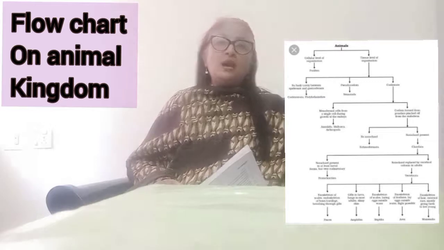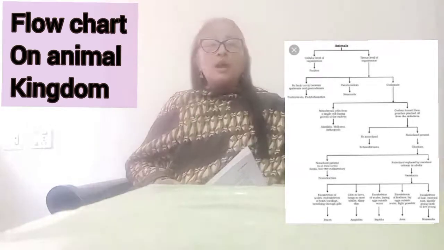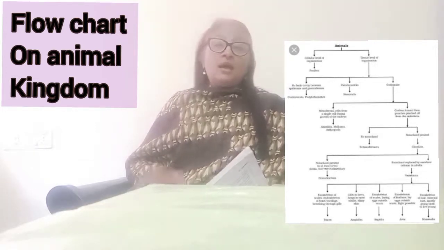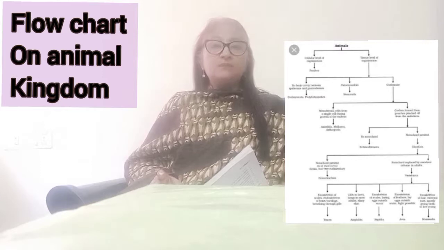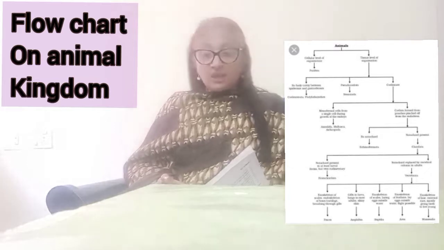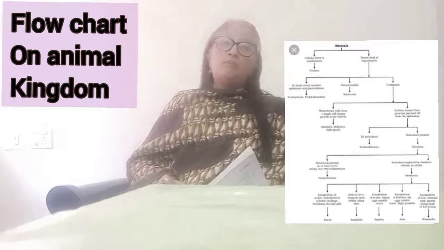Under cellular level of organization, we have the group Porifera, and under tissue level of organization, again, the criteria is no body cavity between epidermis and gastrodermis. Under this category comes Coelenterata and Platyhelminthes.